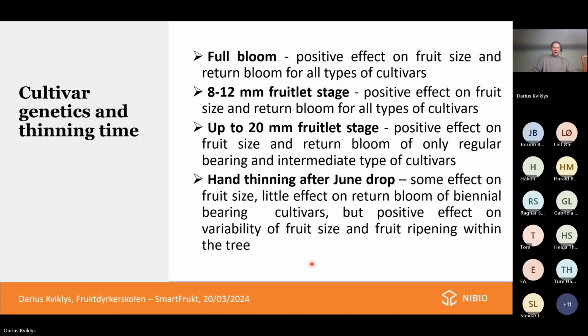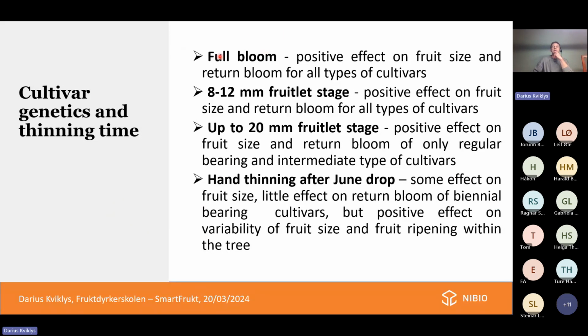So, what thinning time is the most optimal for different varieties? It depends, and it can vary between varieties.